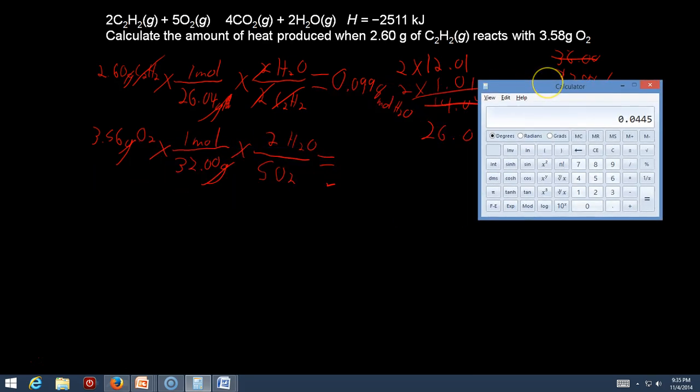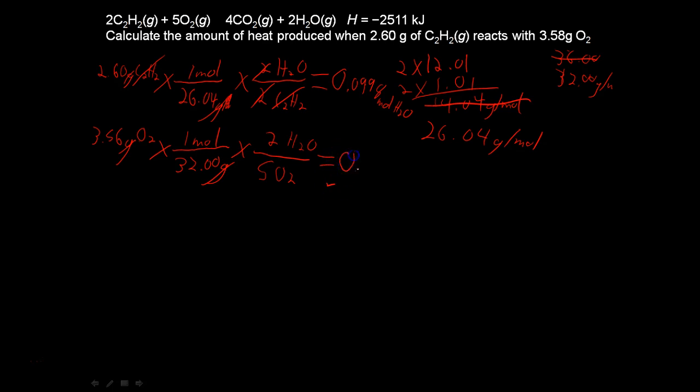Okay, so we end up with 0.0445 mole of H2O. So which one's our limiting reactant? If we look at these two numbers, we see that oxygen is producing less water, so oxygen is our limiting reactant.